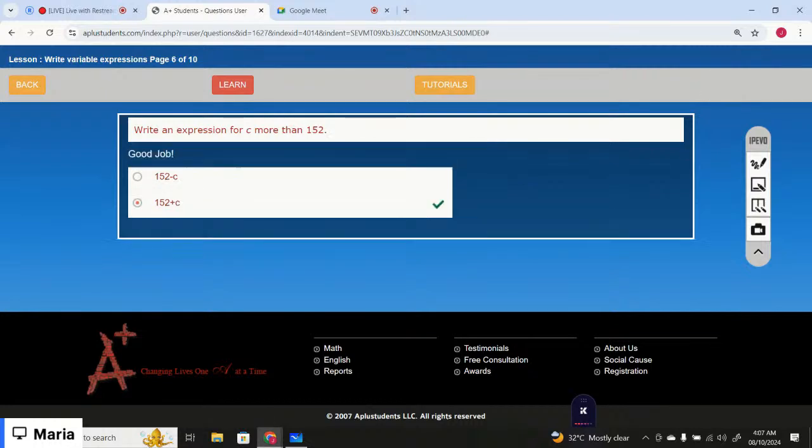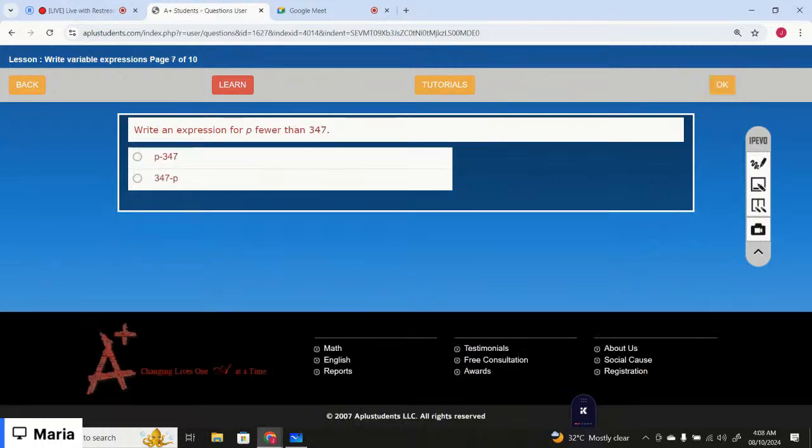The next one is write an expression for p fewer than 347. So which is the correct option?